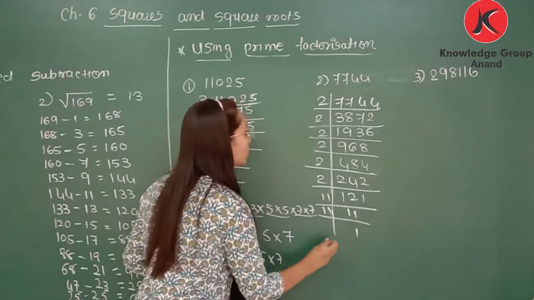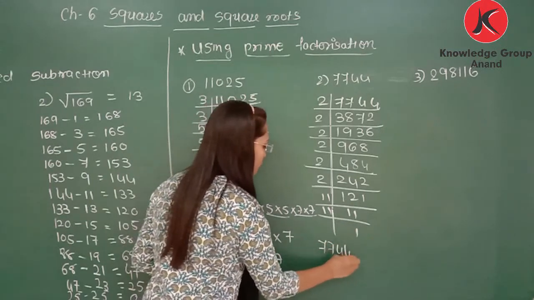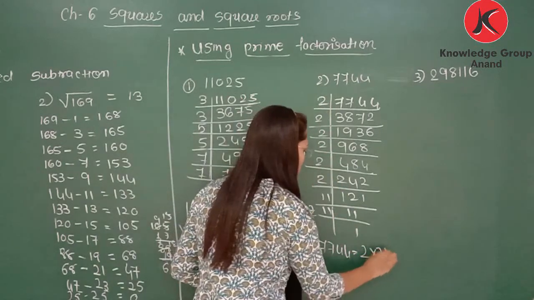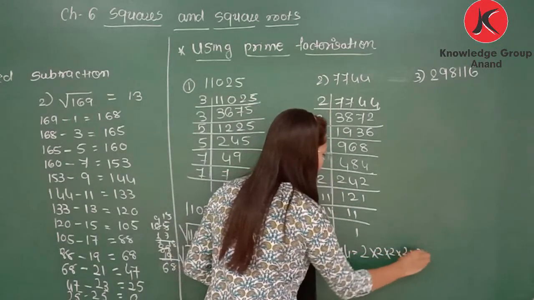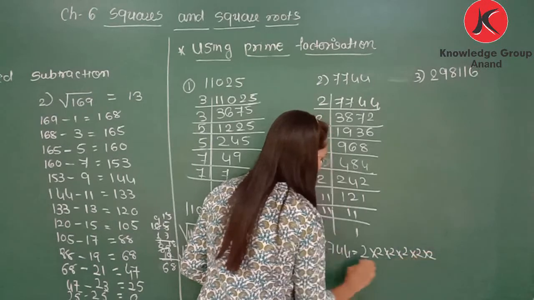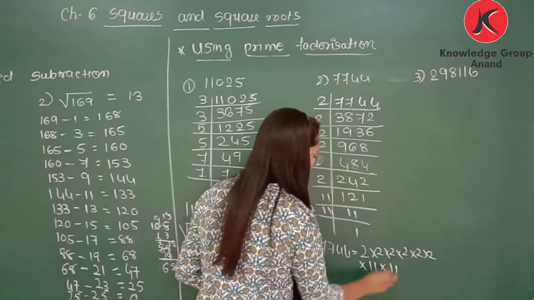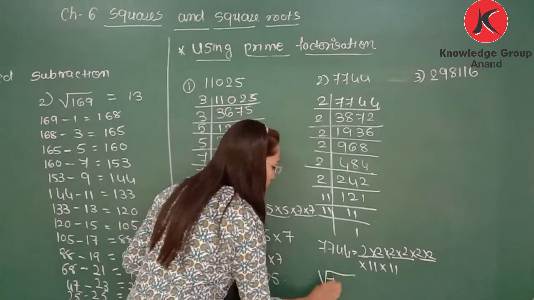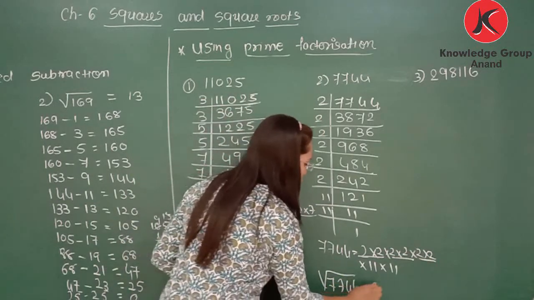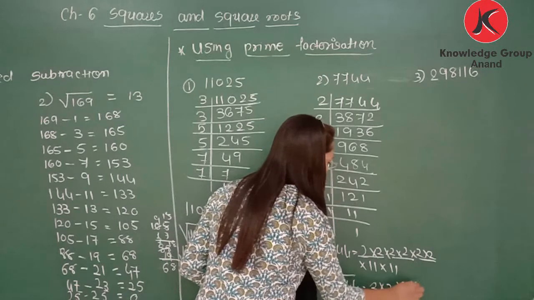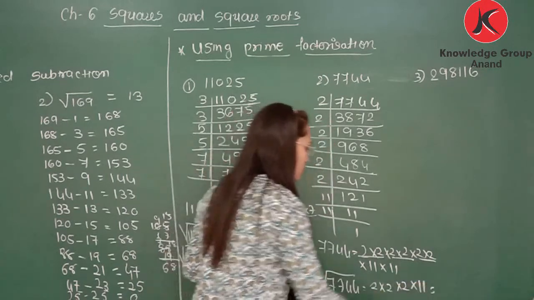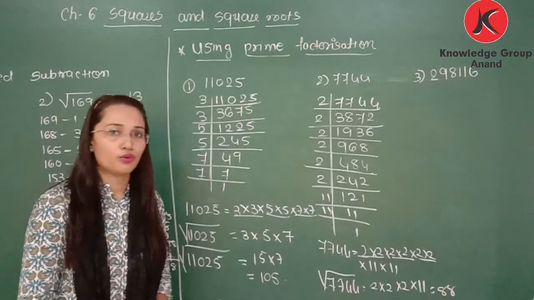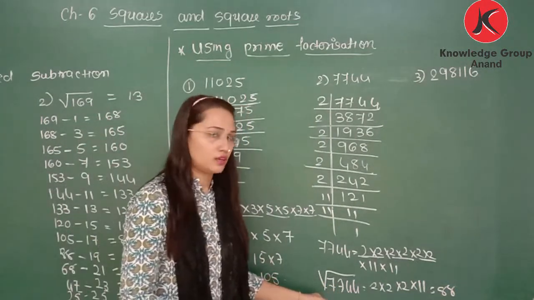So now 7,744 is equal to 2 six times, times 11 times 11. Now from each pair you need to write one to get the square root. 2 multiply 2 multiply 2 multiply 11. So it is 88. So the square root of 7,744 is 88.